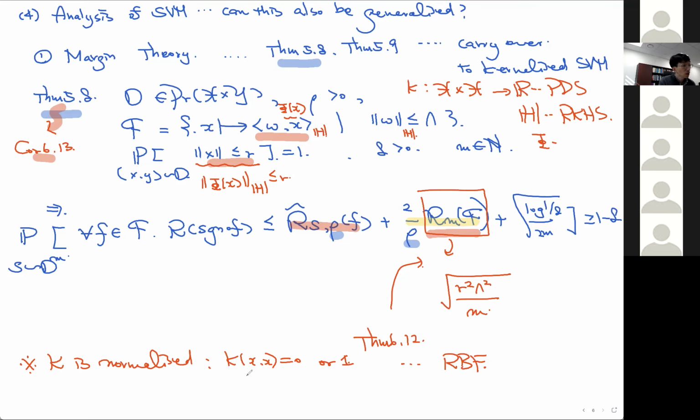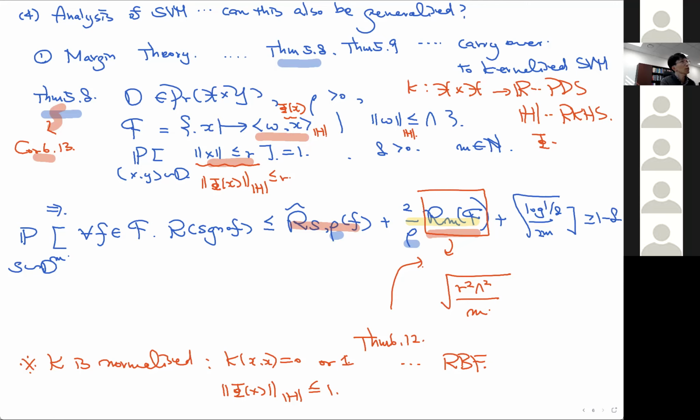If that is the case, then the size of this is going to be at most 1, because it's the square root of K applied to (x, x), and that is either 0 or 1, so it's bounded by 1.